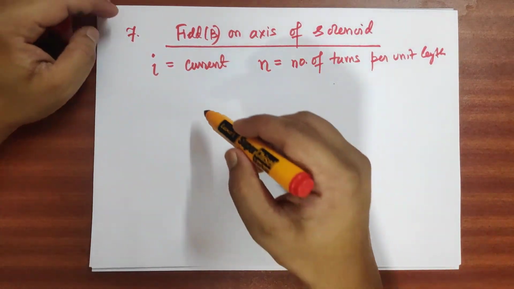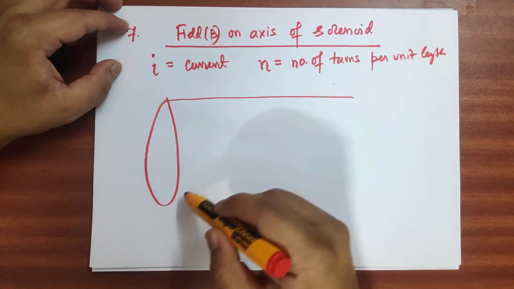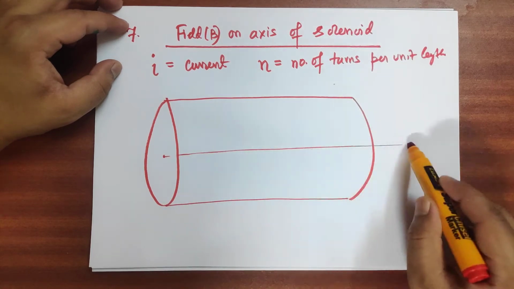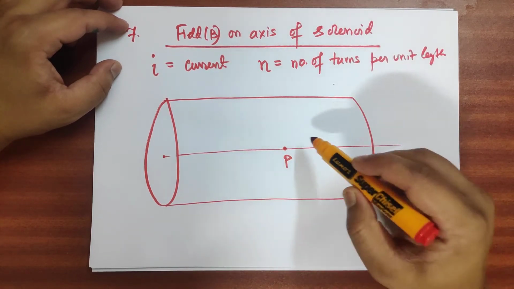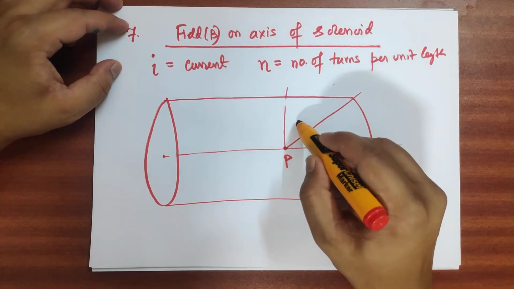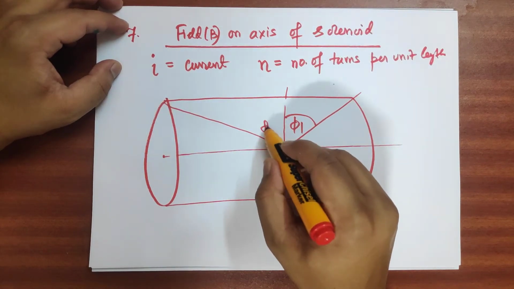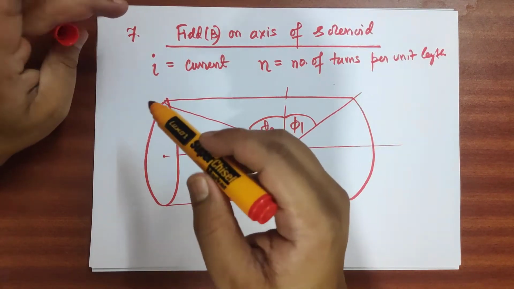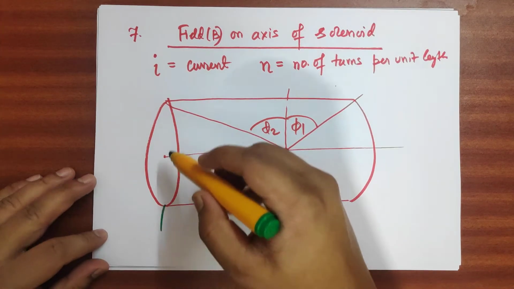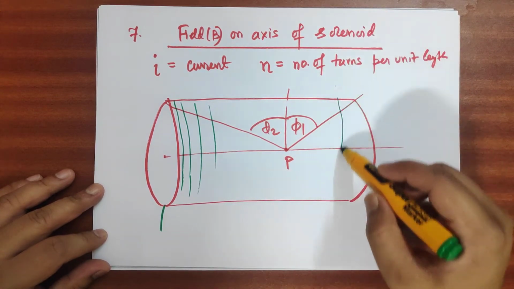You know, there are a huge number of turns, and the point P will be specified by this. It will subtend some angle at the ends of the solenoid, which will be shown by this. See, this angle is phi 1 and this angle is phi 2, and this is the solenoid and the current carried by the solenoid, like this. These are the turns of the solenoid.